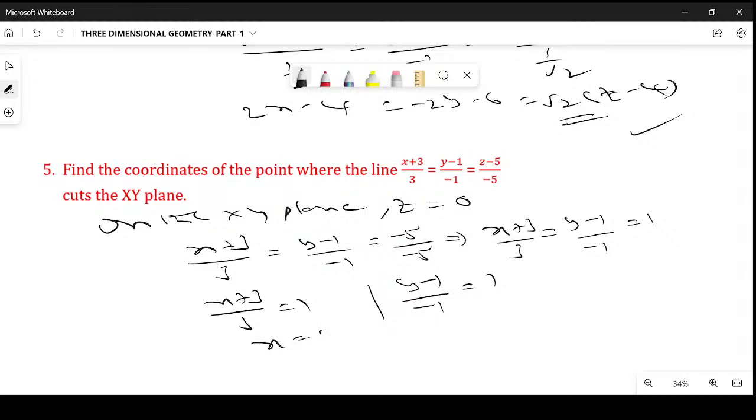It will be x is equal to 0, and from this y minus 1 is also 0, so y is 0. Already we know z is 0, x is 0 and y is 0.